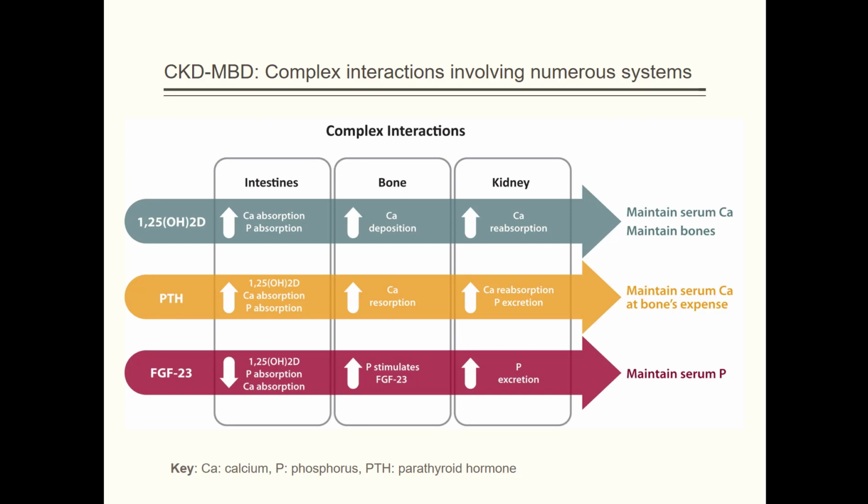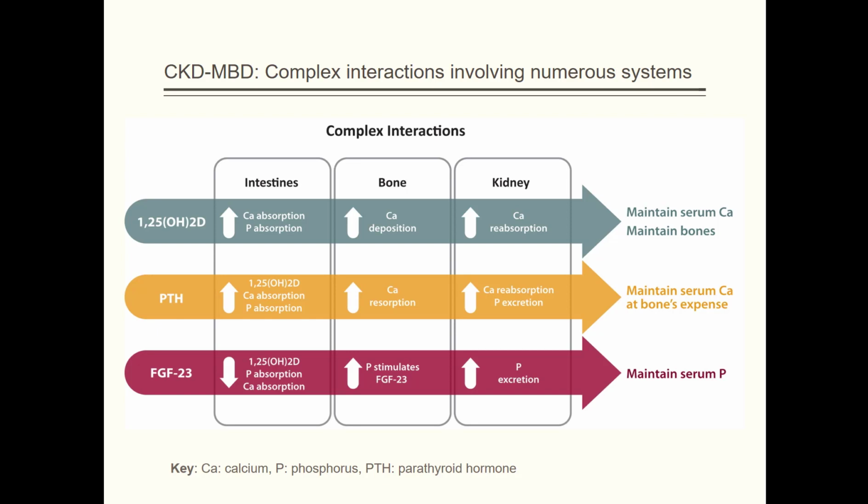PTH increases calcium reabsorption from the bones. This means calcium may come out of the bone and move into the blood. Bone strength may be affected. Within the kidneys, PTH stimulates calcium reabsorption by the tubule and increases phosphorus excretion. PTH helps maintain serum calcium, and for some people, at the expense of the bone.